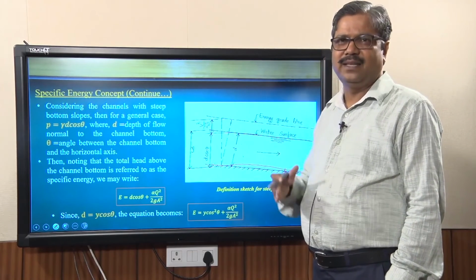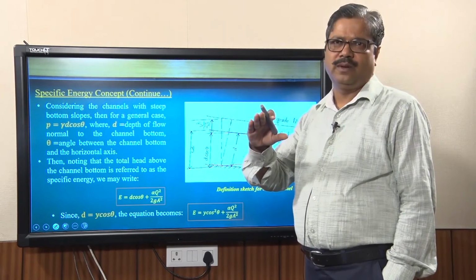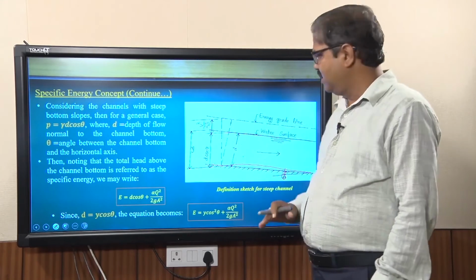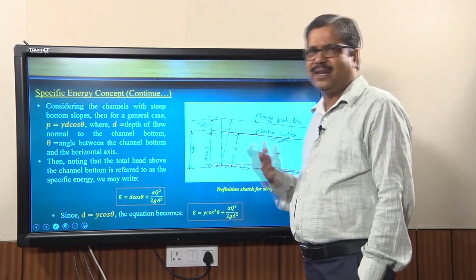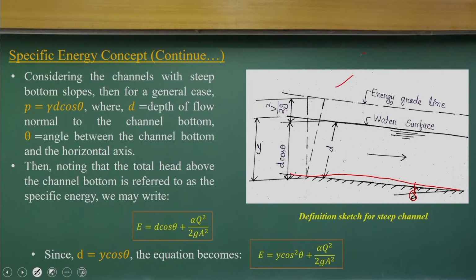Considering a slope in the river channels, we apply the same specific energy concept, now written in terms of q. Here V equals Q by A, and we also consider alpha, the kinetic energy correction factor. We have now used the concept of velocity distribution, which, as we discussed, is logarithmic in open channel flow.